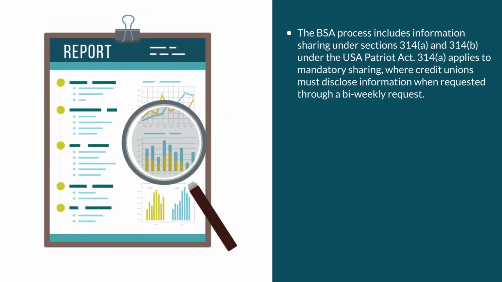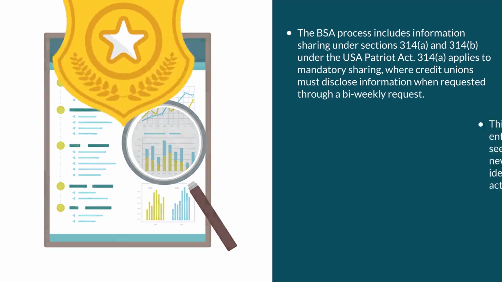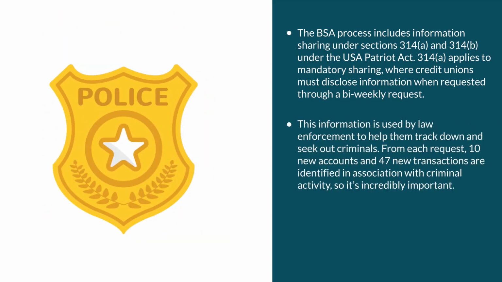The BSA process includes information sharing under Sections 314A and 314B under the U.S. Patriot Act. 314A applies to mandatory sharing, where credit unions must disclose information when requested through a biweekly request. This information is used by law enforcement to help them track down and seek out criminals.